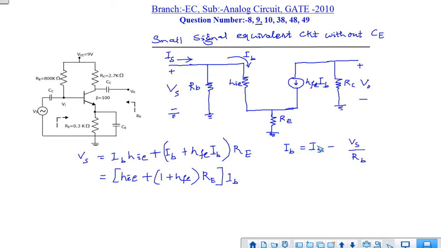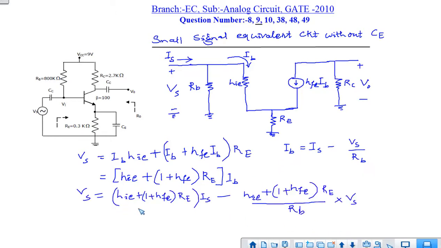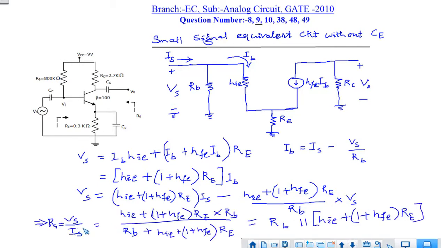So IB equals IS minus Vs by RB. We substitute this IB here, and after substituting we get this expression. Now we find Vs by Is from this. After simplification, we get the input impedance to be RB parallel with hie plus (1 plus hfe) RE.